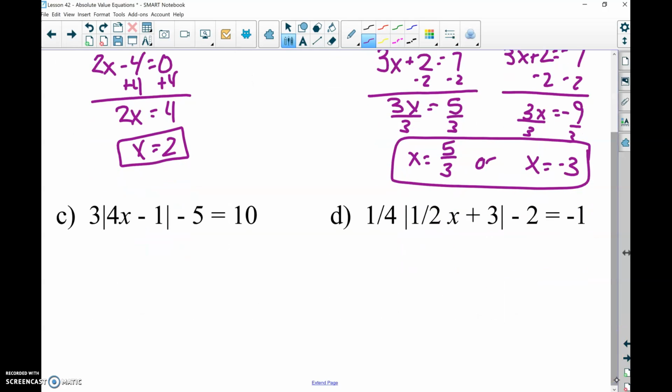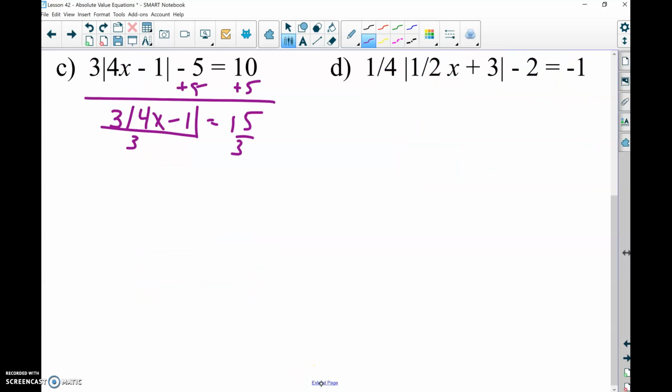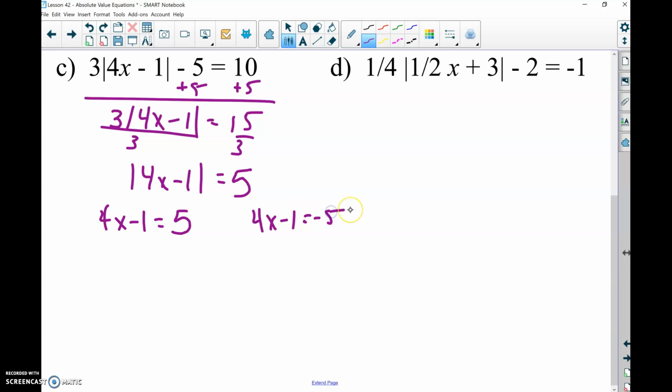All right, again, isolating the absolute value, the first thing I'm going to do is add 5 to both sides. Then I'm going to divide by that 3 that I'm multiplying by out front of the absolute value. Now I've got the absolute value by itself. I can set what's inside equal to the 5, and I can set what's inside equal to -5.